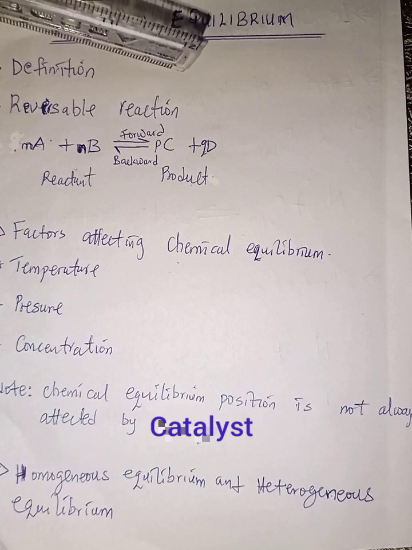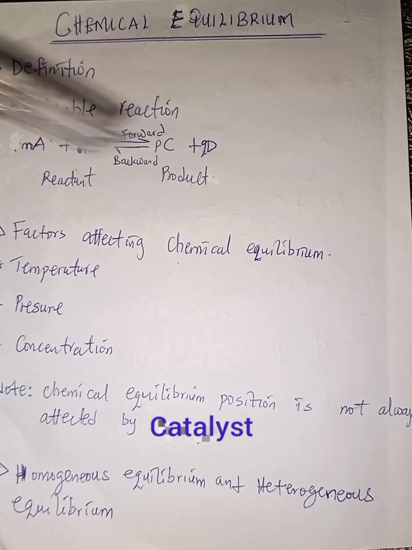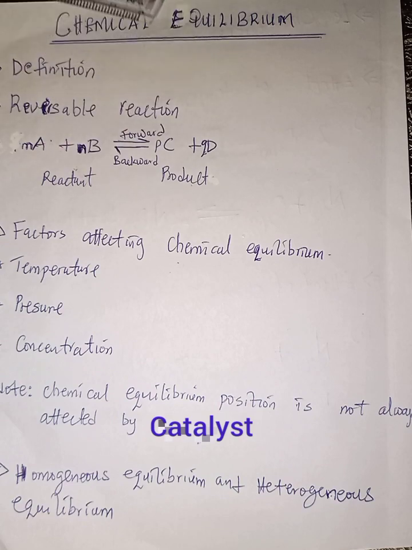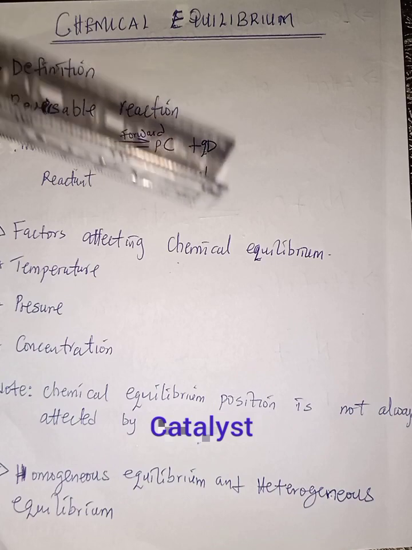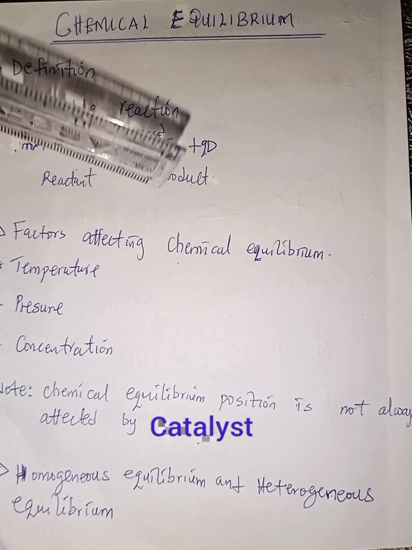So if everything is solid, or everything is liquid, or everything is gaseous, the equilibrium attained is termed homogeneous equilibrium, because the reacting species are in the same phase. Take note of that. I will give you some examples.